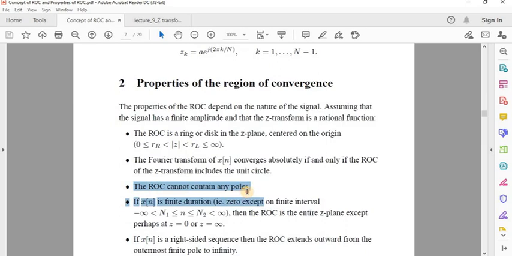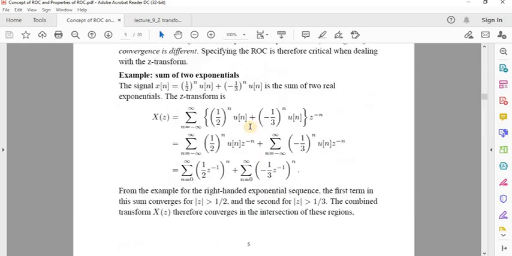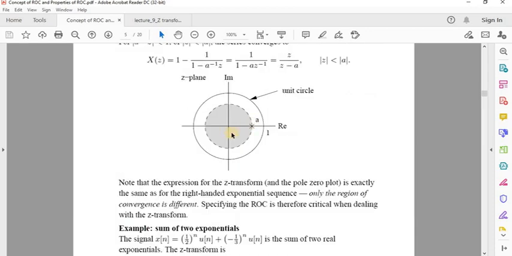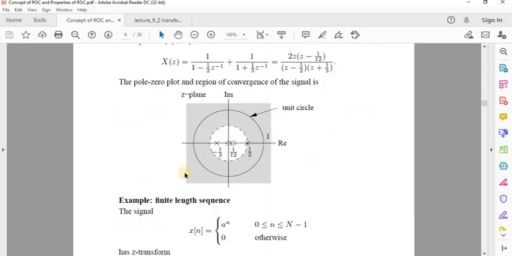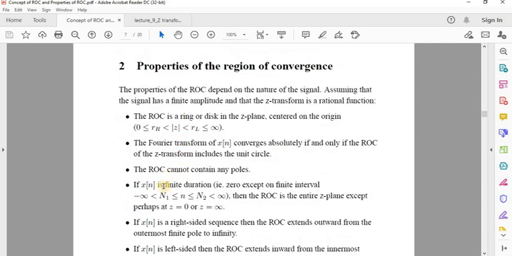The ROC cannot contain any poles. You can see here in this example, ROC is outside the pole. In this example, ROC is inside the pole. So ROC is not containing any pole. Region of convergence does not go through the pole.